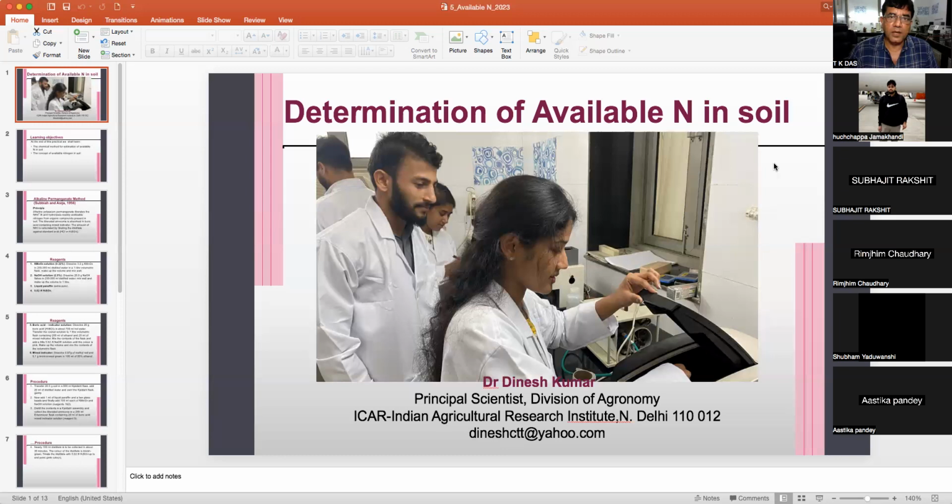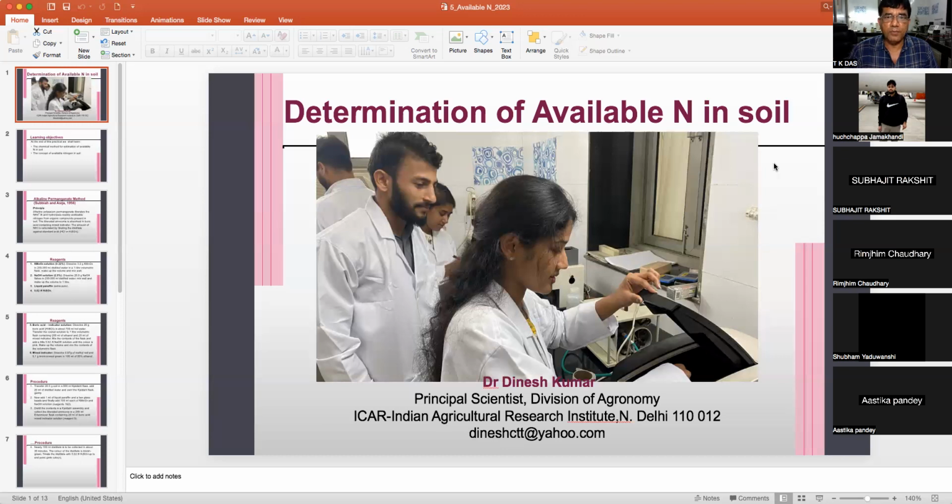This available nitrogen is very frequently measured by the Subaiya and Asija method, 1956. This method still continues in most of the laboratories in India, where we use potassium permanganate. It is also called the potassium permanganate method to estimate the available nitrogen, or the Subaiya and Asija method.